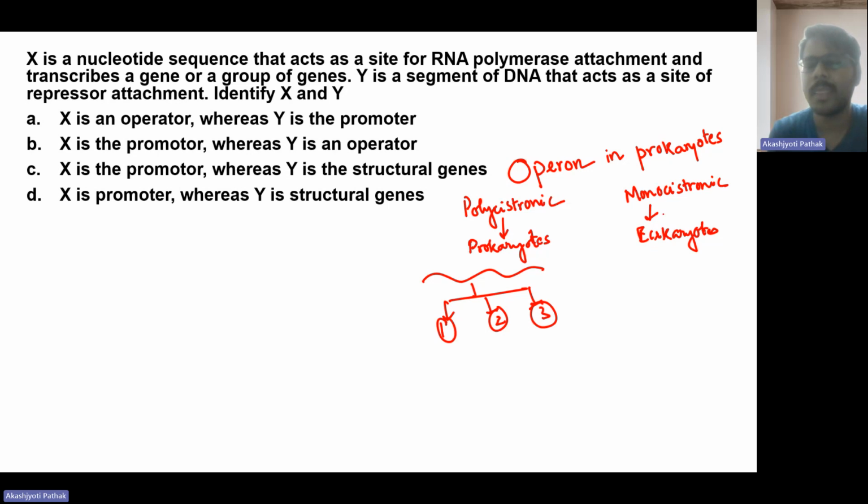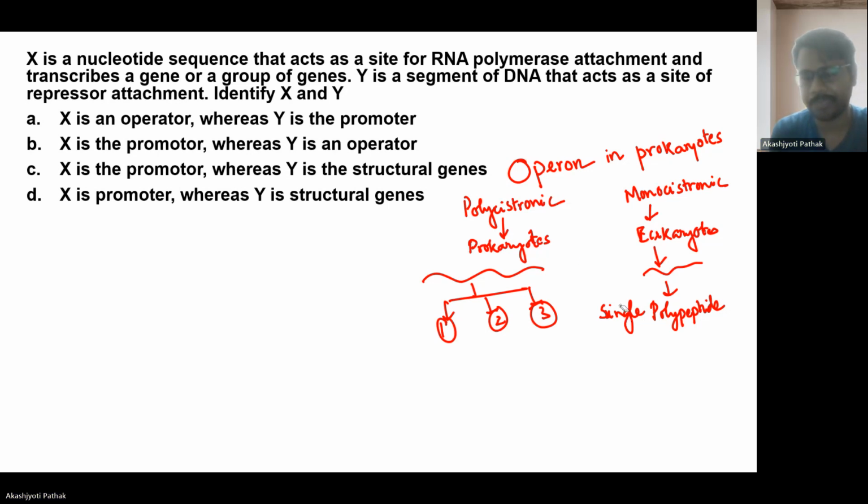And then monocistronic. We will understand this when we discuss the concept of lac operon in bacteria. Monocistronic means that from a single mRNA, only a single polypeptide is synthesized. And what is an operon now?